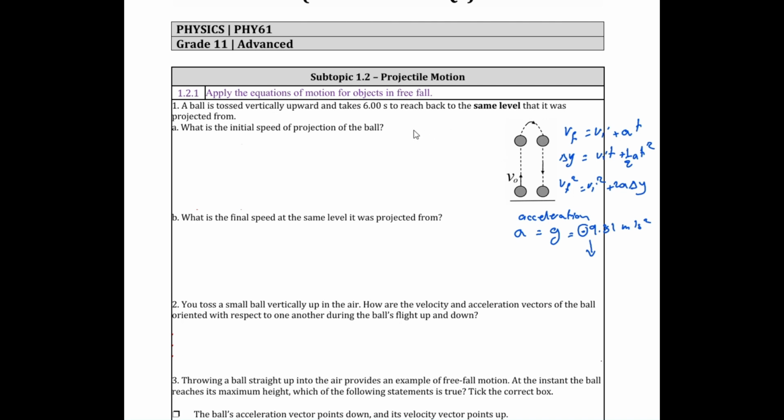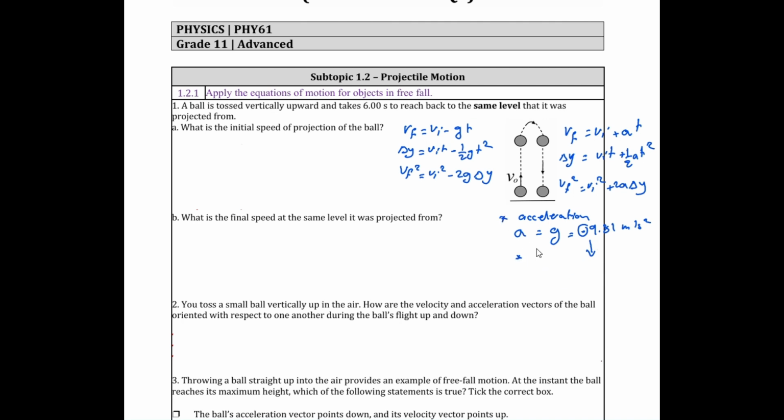So we can transform the equations into V final equals V initial minus gt. We have delta y equals V initial t minus half gt squared, and the last one, V final squared equals V initial squared minus 2g delta y. Since we are using the negative in the equation, no need to plug in the negative again, just put 9.81. This is number one: acceleration is always downward.